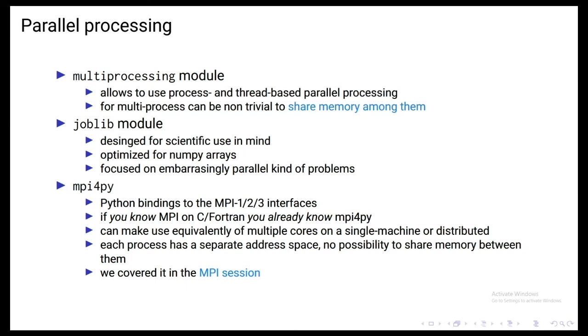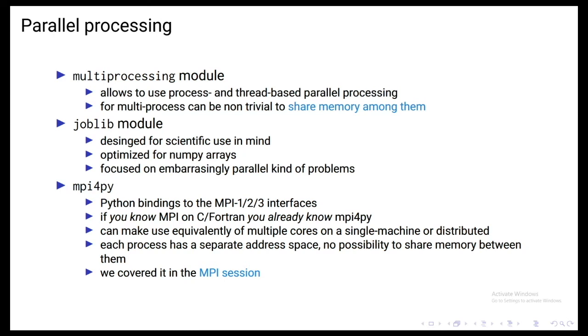MPI is a standard for how to pass messages, as the name says, how to communicate among different processes. So it's naturally a parallel model in which each process has its own view, its own memory allocated, and you are forced to pass messages among them and to communicate between them.